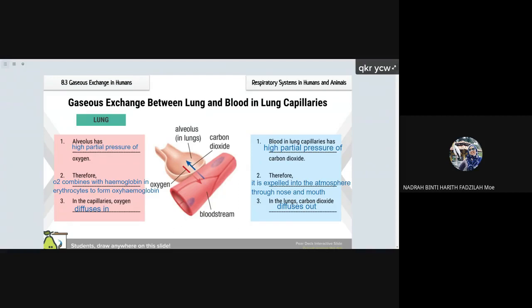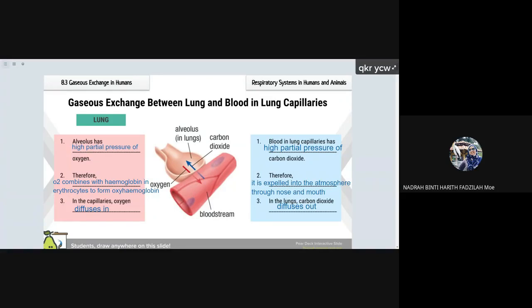Now alveolus has high partial pressure of oxygen, and because of this, oxygen will diffuse into the lung capillaries.